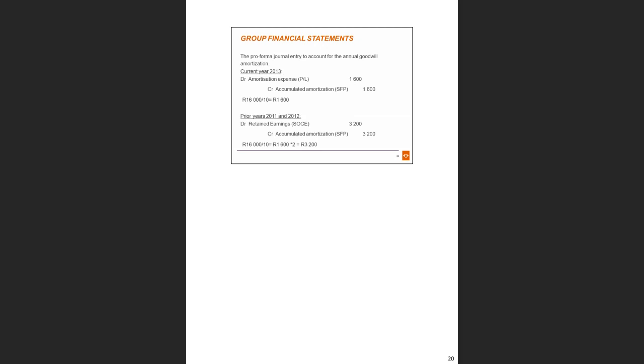Now we need to amortize this goodwill. Sometimes they will tell us in the scenario that goodwill should be amortized over 5 years or 6 years. In this situation, I don't think they told us. So if the question doesn't tell us how to amortize goodwill, what period do we need to do it over?